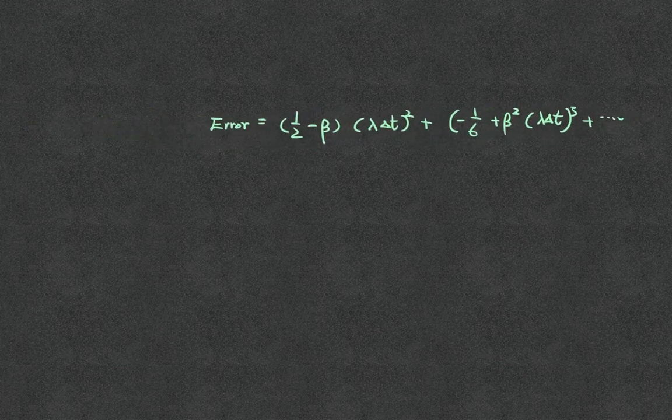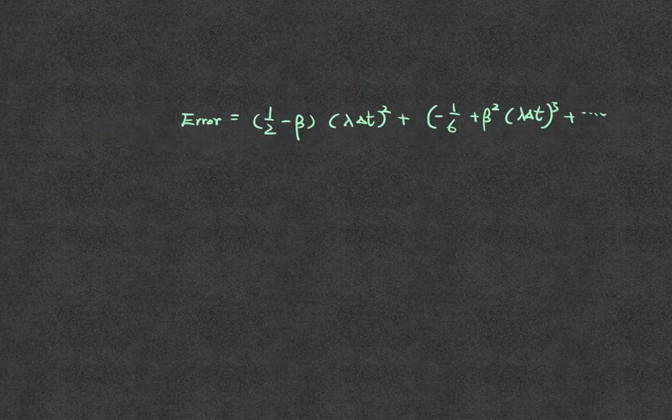So if we work out the algebra, this is what we get. Okay, so why do we care about this? Because this gives us something called the order of accuracy.